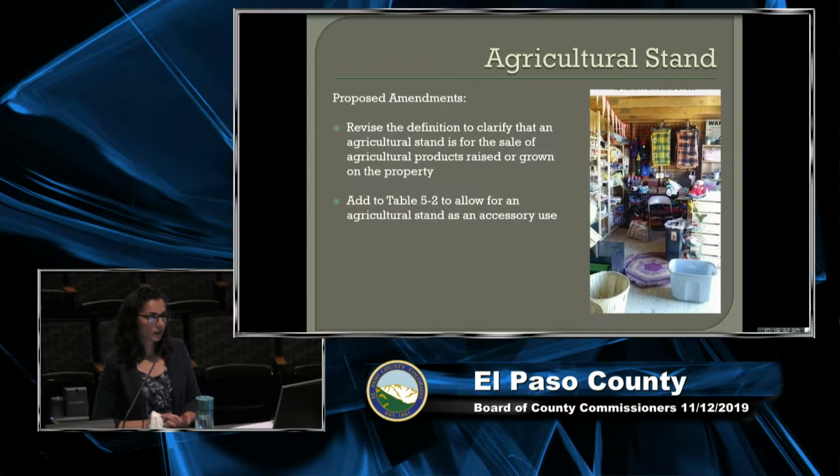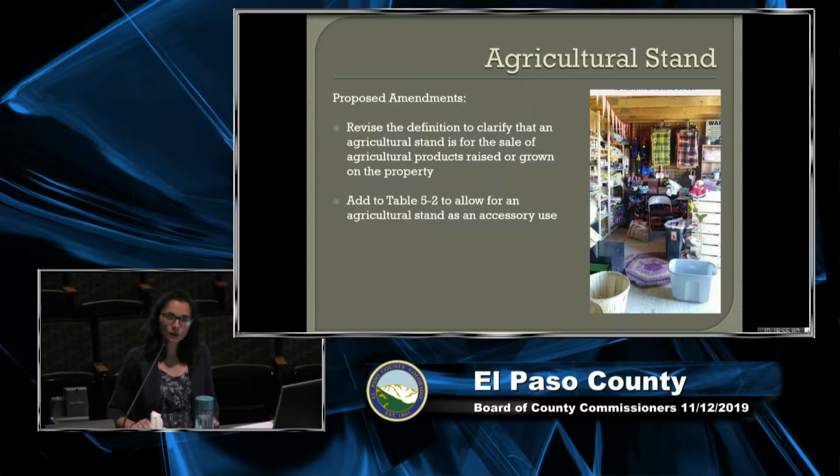First we're going to cover agricultural stands. In our land development code today, our definition for agricultural stand includes it being made on site. The picture that you see is from an actual agricultural stand in the county where somebody was just stitching little letters into blankets and different items and calling it an ag stand.